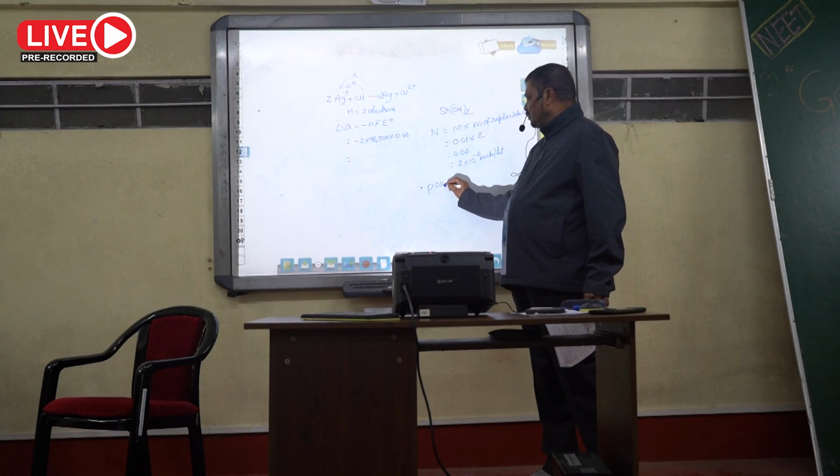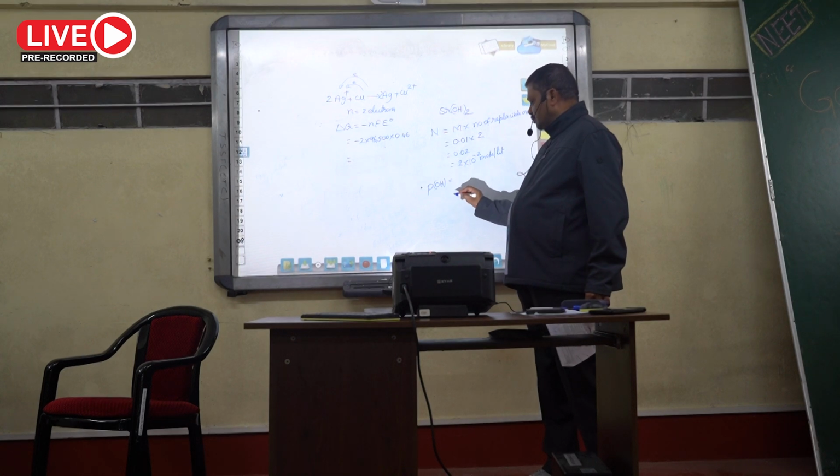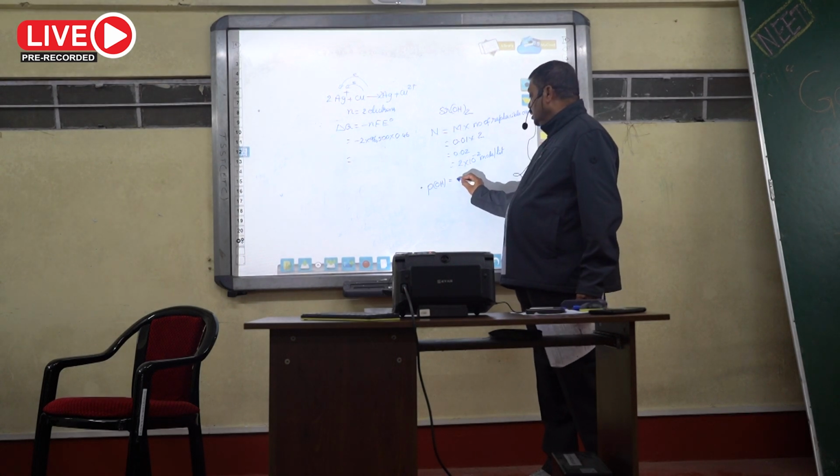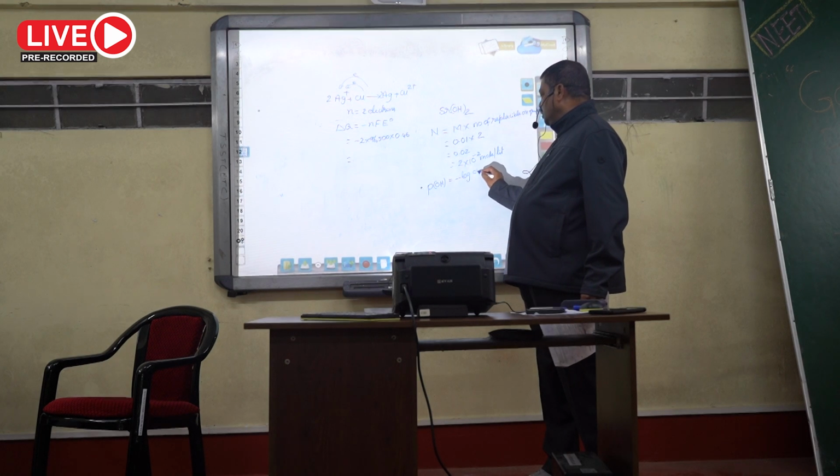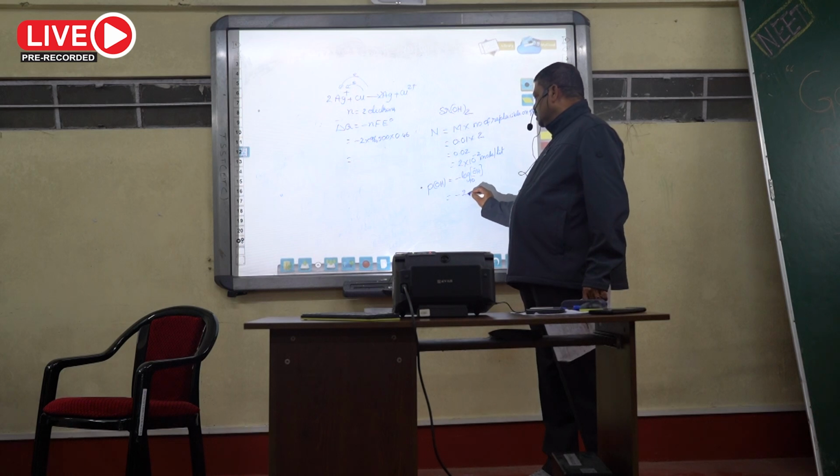So pOH is equal to negative logarithm of OH minus concentration to the base 10.